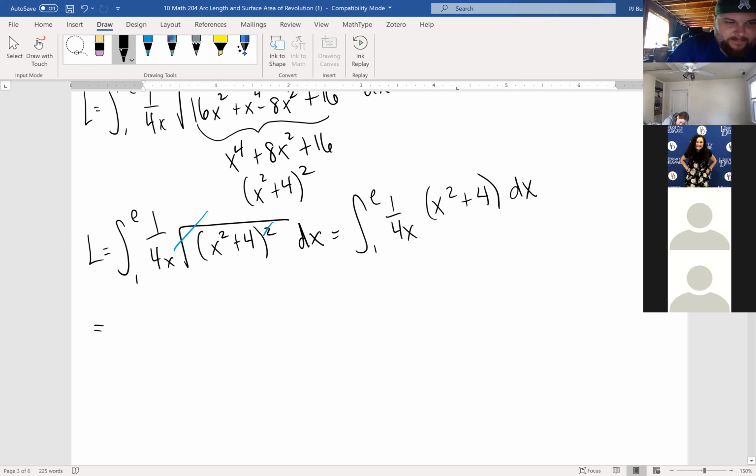So right now it looks like I've got 1/4 integral x squared plus 4 over x dx.